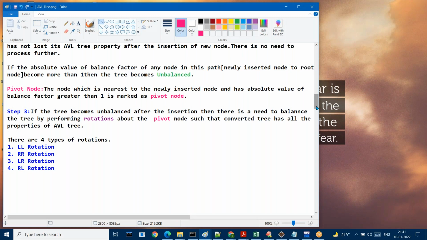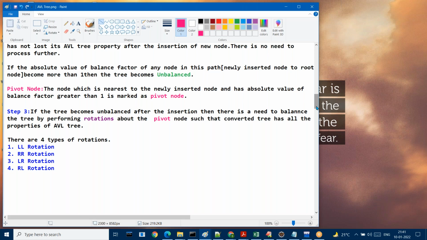And which path will be taken for that? The path will always be newly inserted node to the root node. In that path of newly inserted node to root node, if I find any node which lost its balance factor and is closest to the newly inserted node, that is called the pivot node. Understanding my statement, guys?